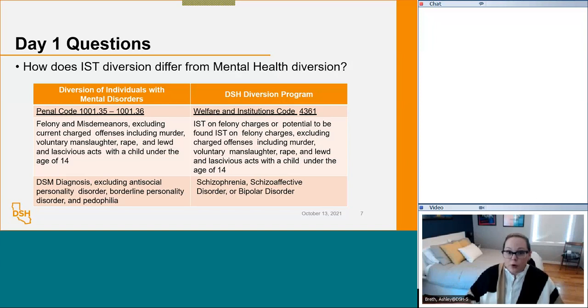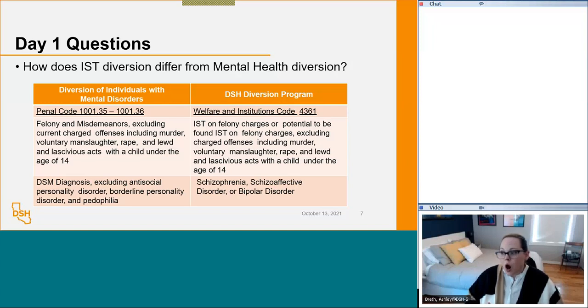So our program is defined in the Welfare and Institutions Code, and it is a subset of the broader mental health diversion law. And as a subset, we have more specific criteria that counties have to follow in order to get funding from us for a diversion program.